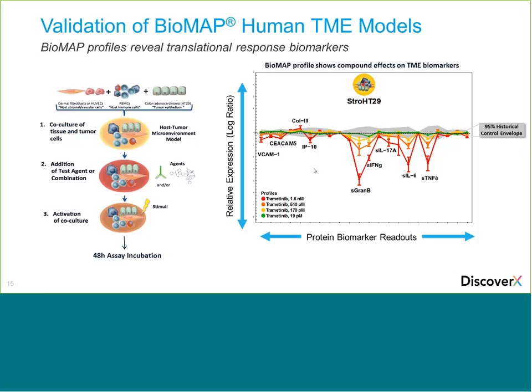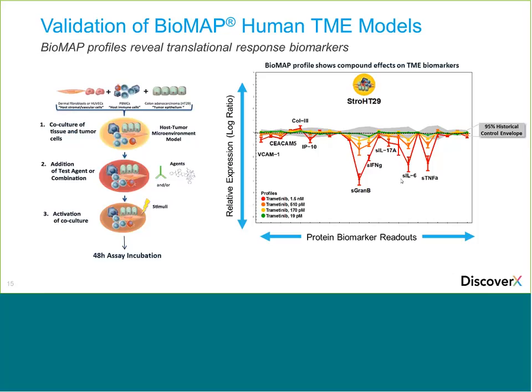As you can see, it has a number of different activities, and I won't go into details, but I do want to point out that it is showing a further suppression of the immune response in this human tumor microenvironment model, as observed by a decrease in a variety of different cytokines observed in this assay.